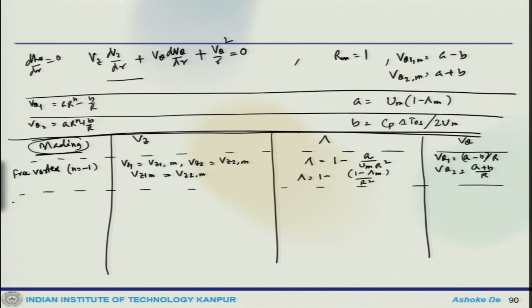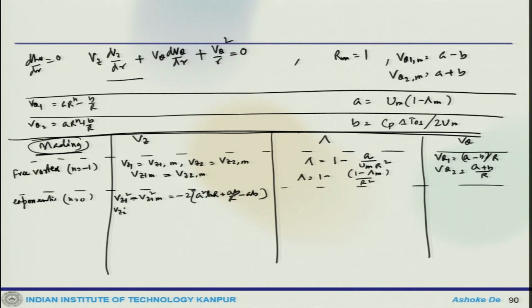You can have exponential, which is n equals 0, then V z 1 square minus V z 1 m square is minus 2 A square ln r plus A b by r minus A b.